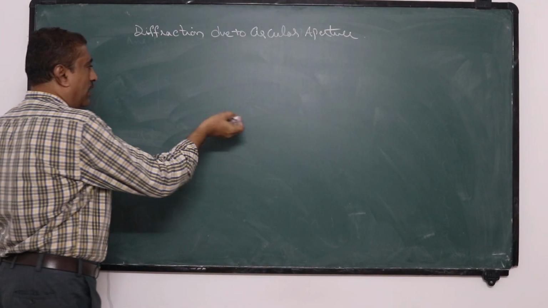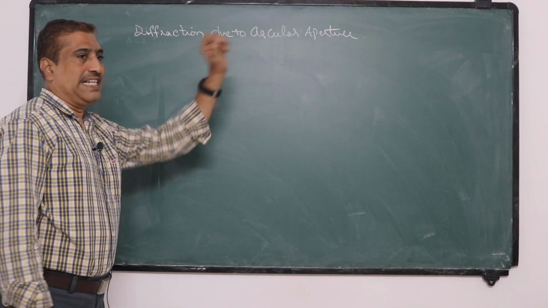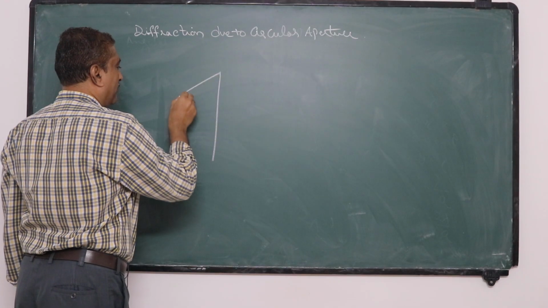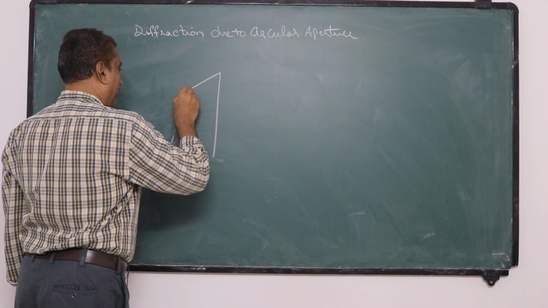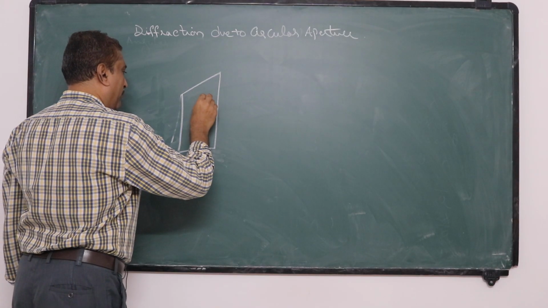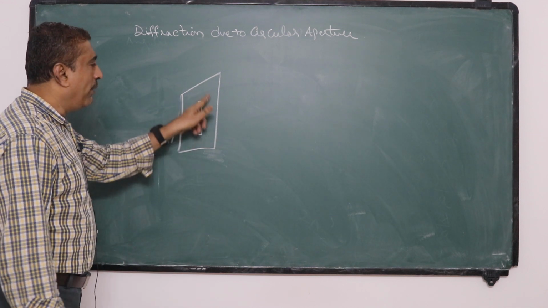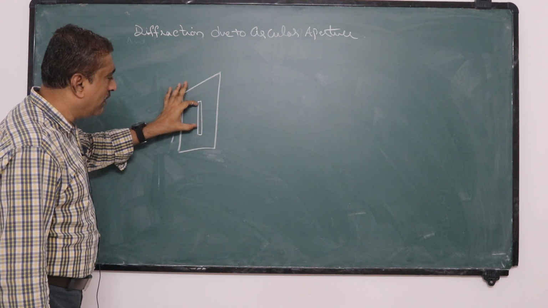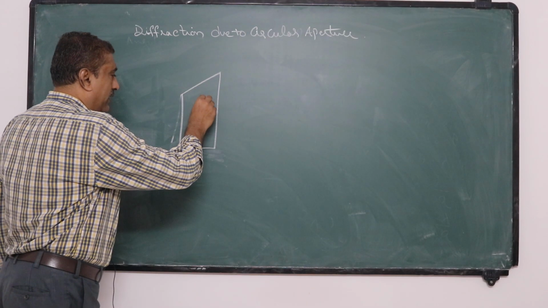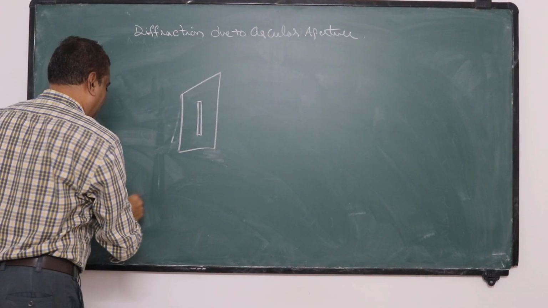So first we already derived the conditions for diffraction due to single slit. Let us assume that this is a slit. A slit means a totally opaque body in which there is a small opening for light. If it is a rectangular slit like this, on the screen we get a pattern like this.